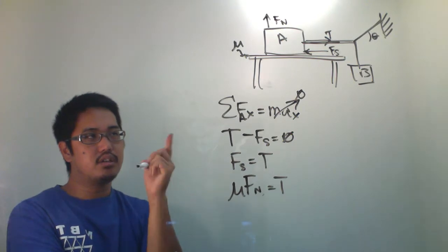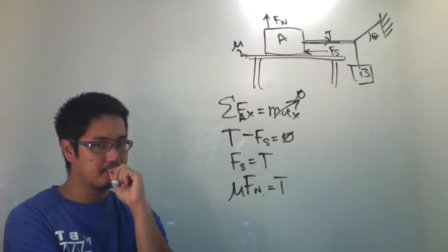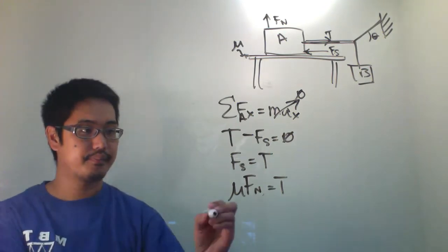Looking at this, can you tell me what F of n is equal to right off the bat? Mass times gravity. Mass of A times gravity. Right.